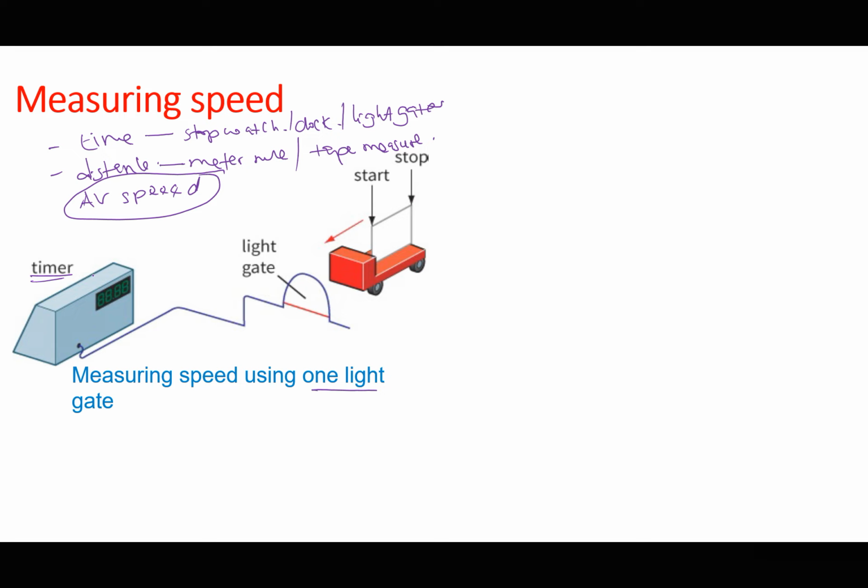So all I will need to do is to know the length of the card, which I have attached on the trolley. And I will measure this length using a ruler, could be a meter ruler. If the card is very small, to improve accuracy, I may decide to use a digital vernier caliper.